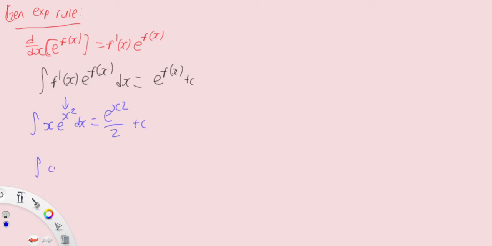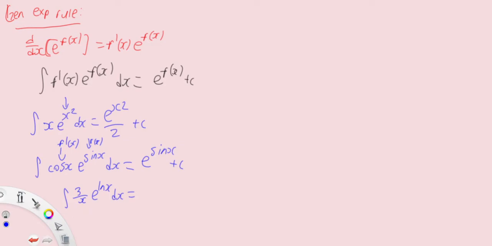Same thing if we have, for example, the integral of cosine x e to the power of sine x dx. If this is my power, which is f(x), then my derivative is cosine x, which is right here. Therefore, the integral is simply e to the power of sine x plus c. I can even expand this to, let's say, the integral of 3 over x e to the ln x dx.